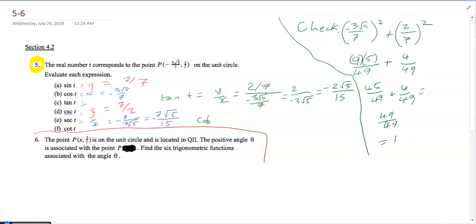Your cotangent of t is the reciprocal of tan, so it's going to be x over y. And so that's going to be negative 3 radical 5 over 7 over 2 over 7. It's going to be negative 3 radical 5 over 2. Okay, and that's your cotangent.